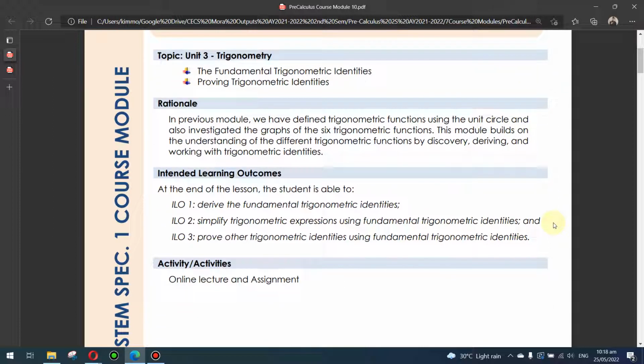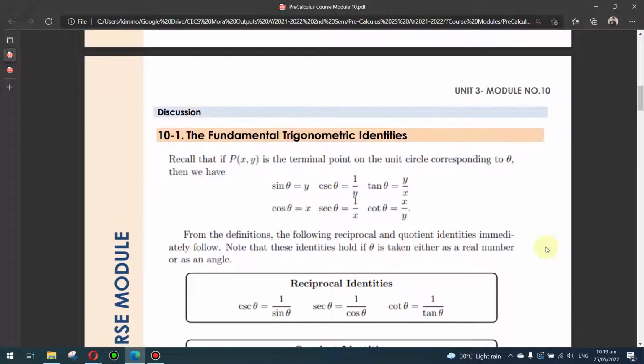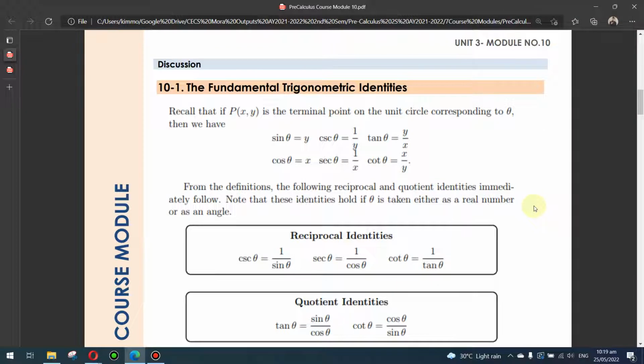By the end of this module, you should be able to derive the fundamental trigonometric identities, simplify trigonometric expressions using fundamental trigonometric identities, and lastly, prove other trigonometric identities using the fundamental trigonometric identities. So first, let us learn what these fundamental trigonometric identities are.